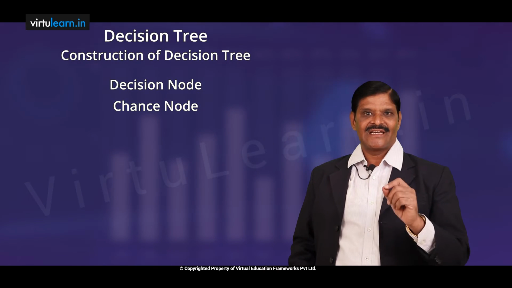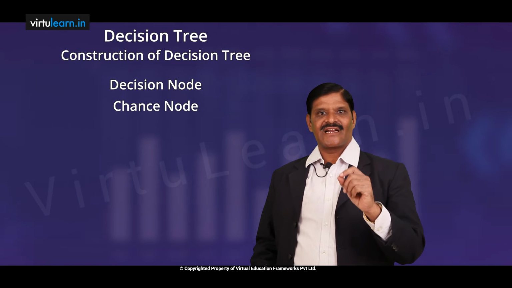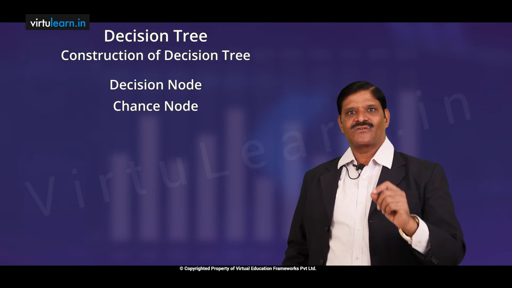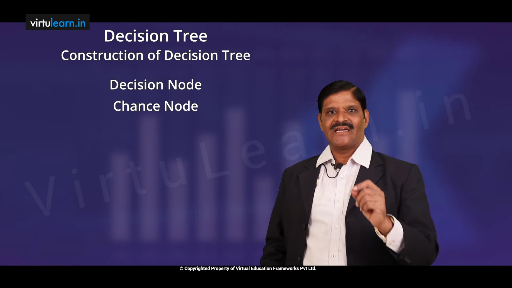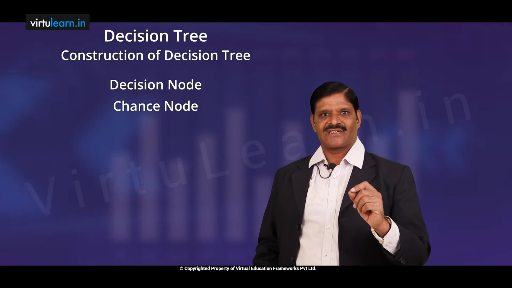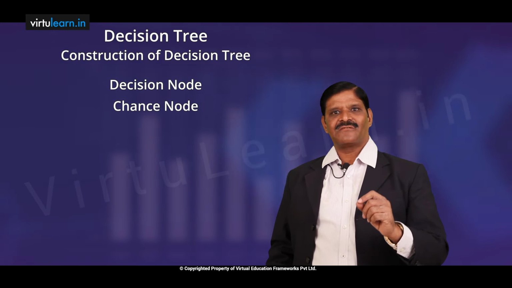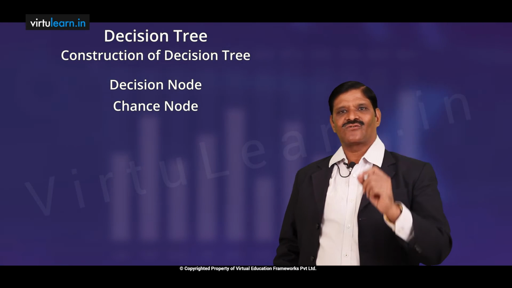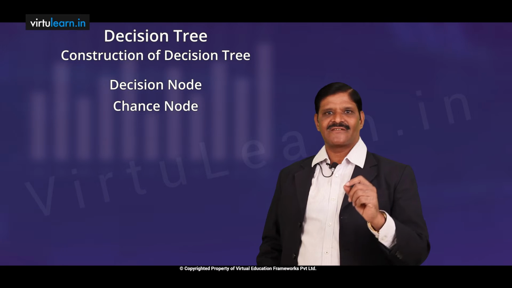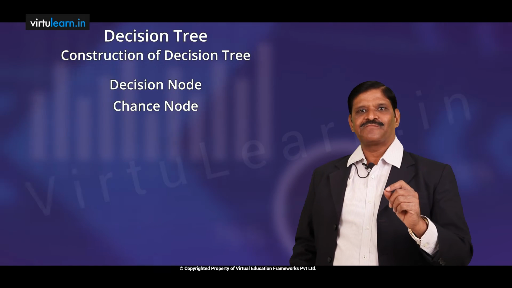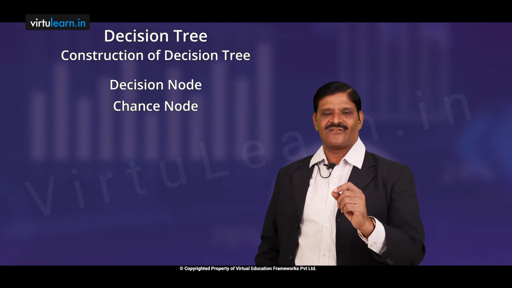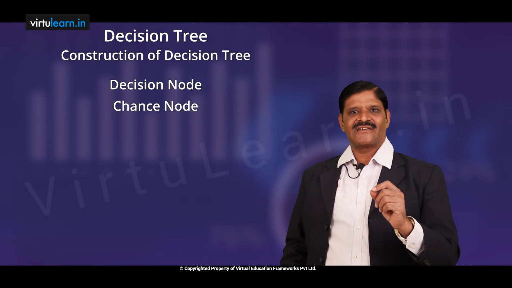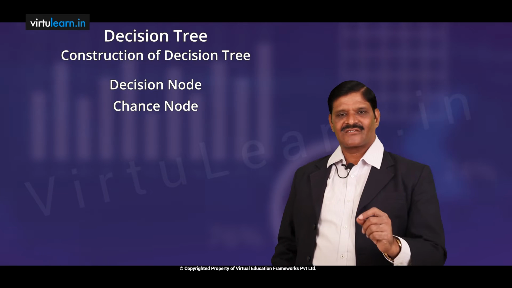That means the external environment offers maybe 2 or 3 or 4 possible things that can happen at that point after we have taken the decision. That is offered by the external environment, and those lines emerging from the circle have some kind of probabilities and some kind of monetary value. So these are known as chance nodes.